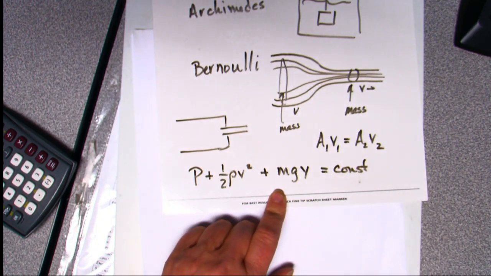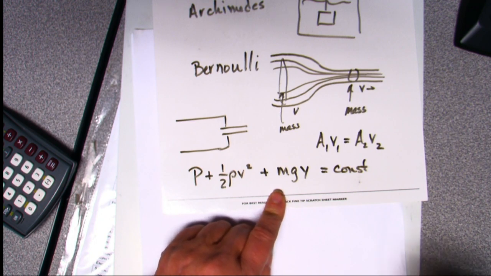And I'm about to show you a video that helps explain this a lot better, because it walks through all of it with an animation of what the fluid is doing.